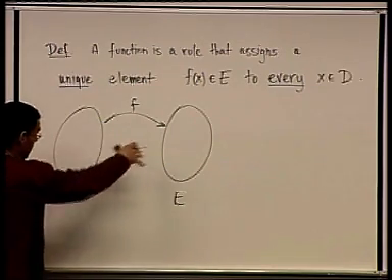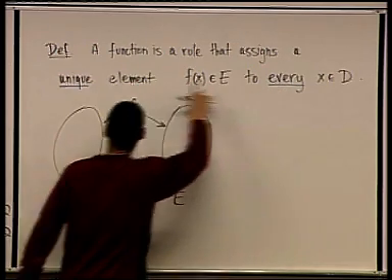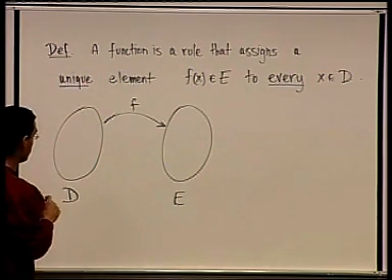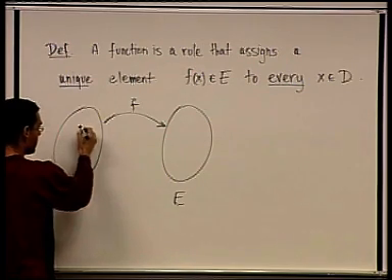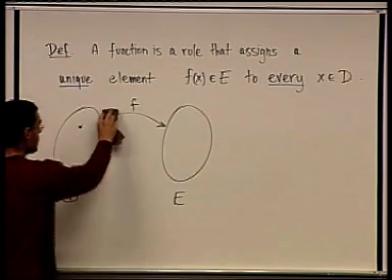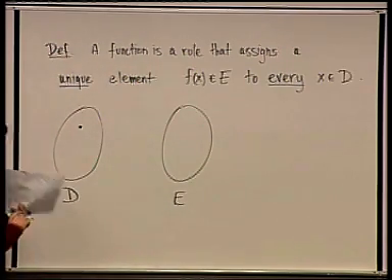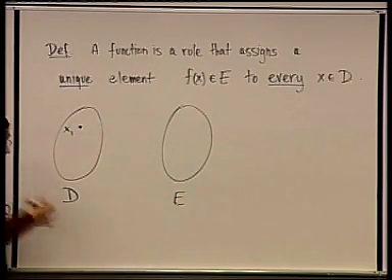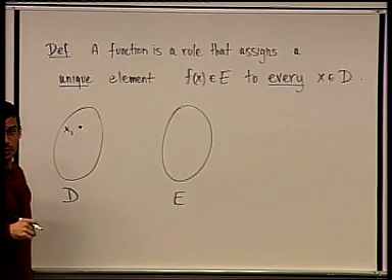So, how do I express this business that every x in D should map to a unique element in E? So my way of expressing it is going to be the following. If you take an x here, let me erase this arrow. If you take an x here, let's call it x1, there has to be an arrow coming out of it and mapping it to some guy in E. Do you agree?